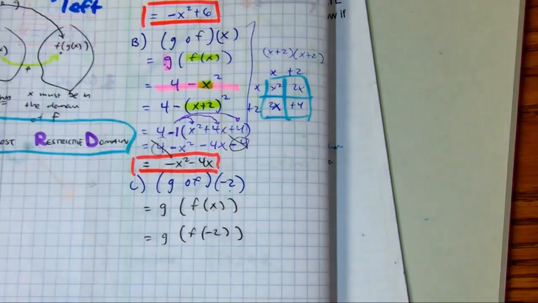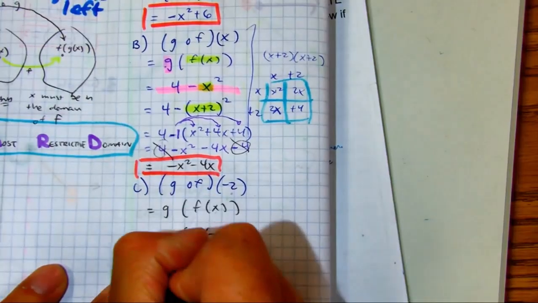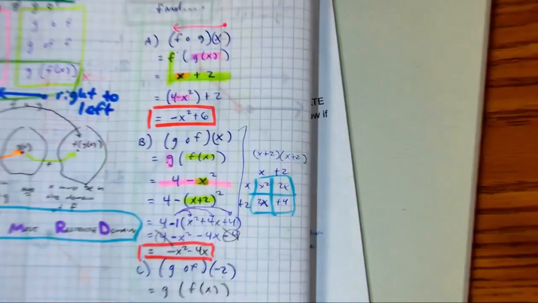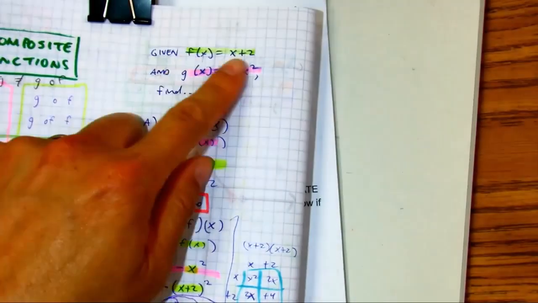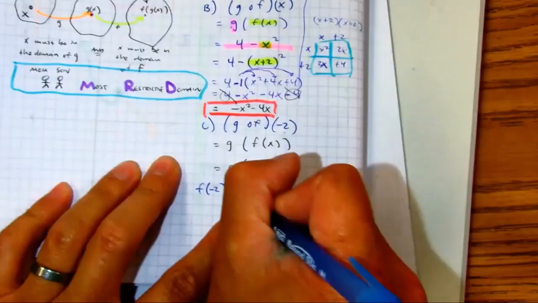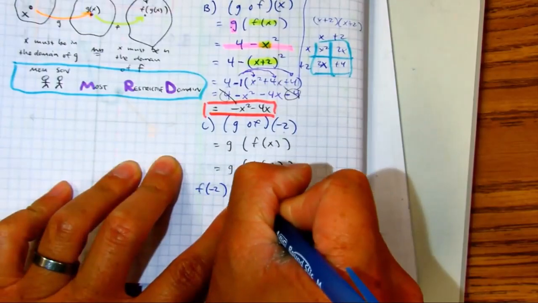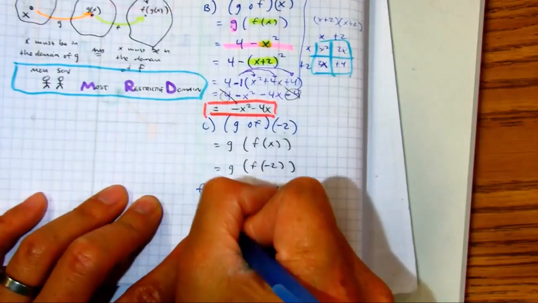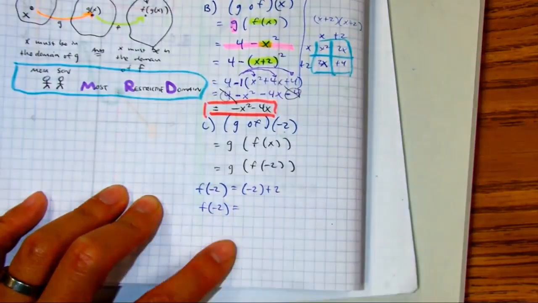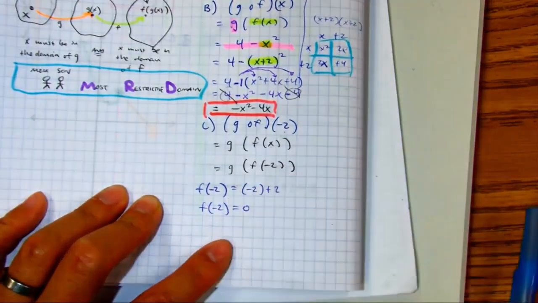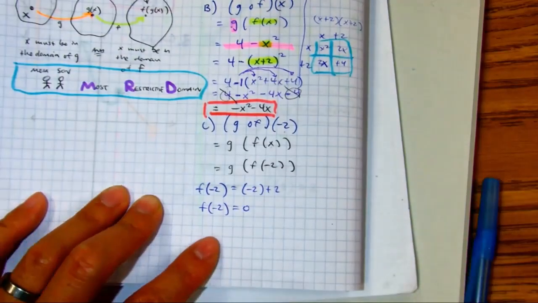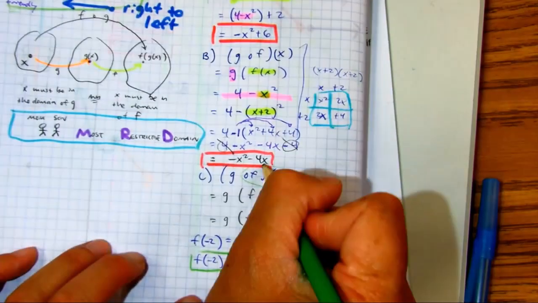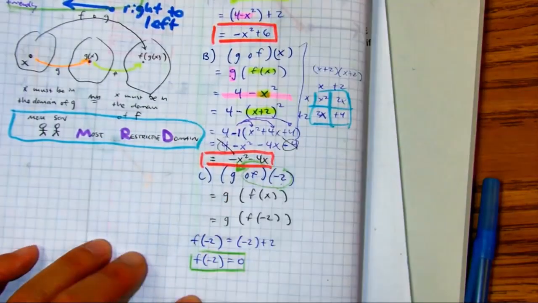Okay, so if I put in f of -2 into my function, f of x, way up there, is x plus 2. So f of -2 is going to equal -2 plus 2, which is 0. Okay, what do I do with the 0 now? We put it inside your g of x value.